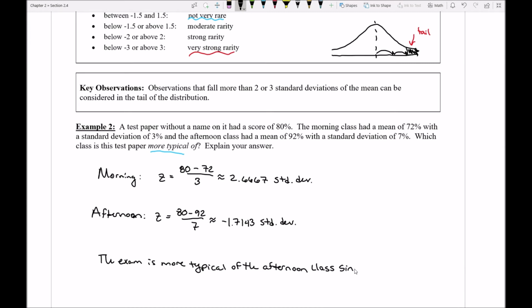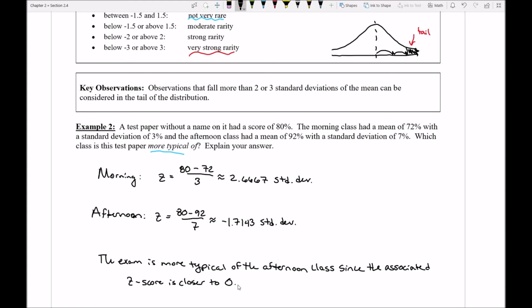And specifically, the reason that we reach this conclusion is because the associated z-score is closer to 0, right? Because 0, again, would represent exactly average.